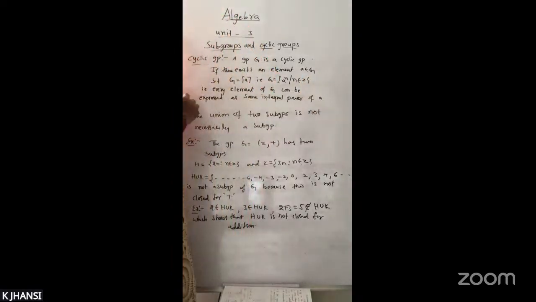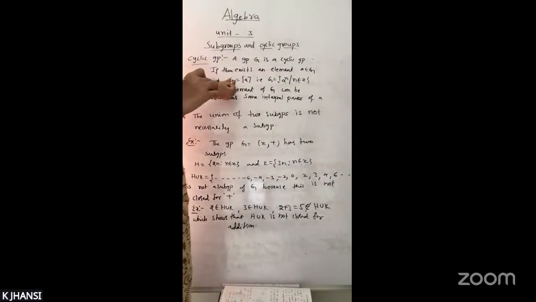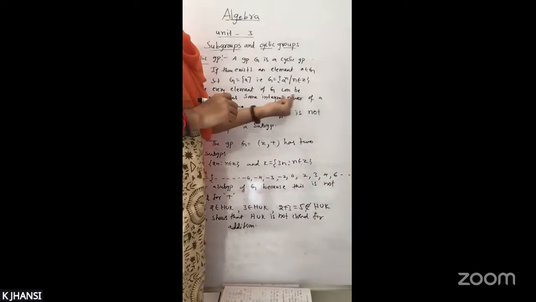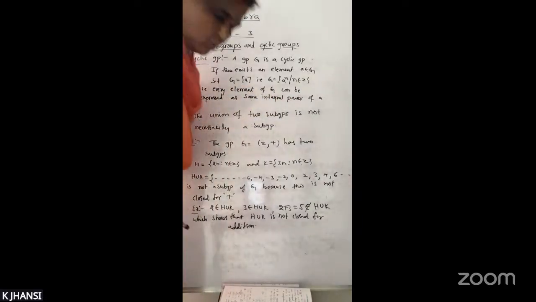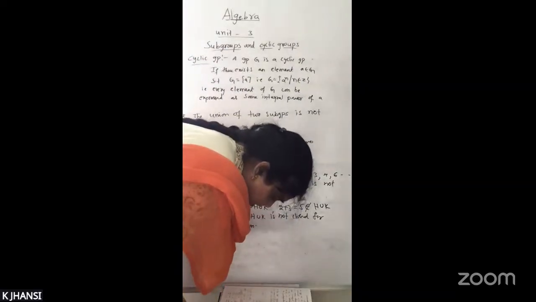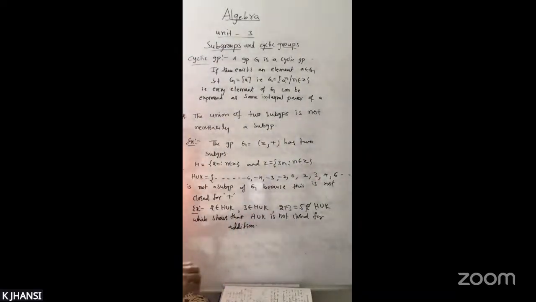So each and every element of the given set G, if it can be expressed as some integral power of a, then we call that G a cyclic group. Here a is called the generator of G.